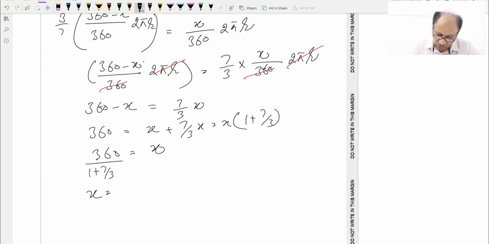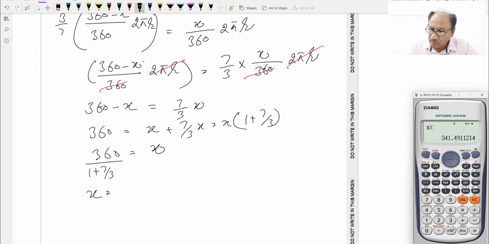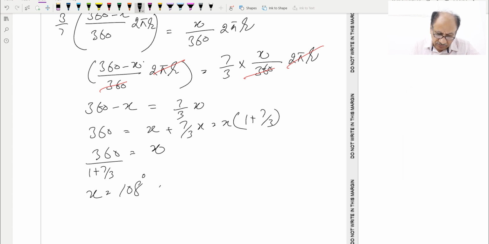So the x value will be 360 over 1 plus 7 over 3, and this is equal to 108, and this is what we were supposed to prove. So x is equal to 108 degrees, and this is the 3 marks part which we have done.